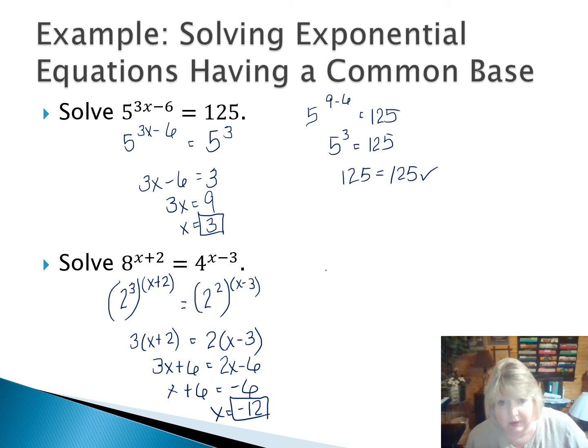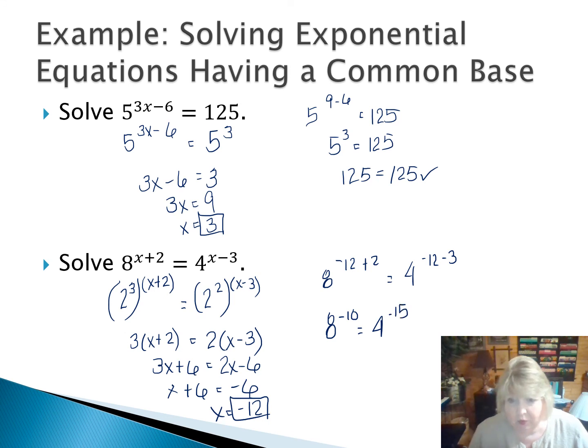Now, I do want to check that because negative 12 sounds kind of weird. Negative 12 plus 2 equals 4 to the negative 12 minus 3. So that would be 8 to the negative 10 equals 4 to the negative 15.